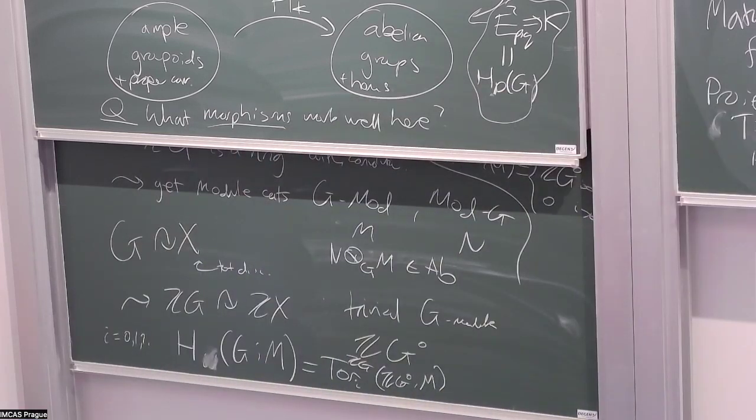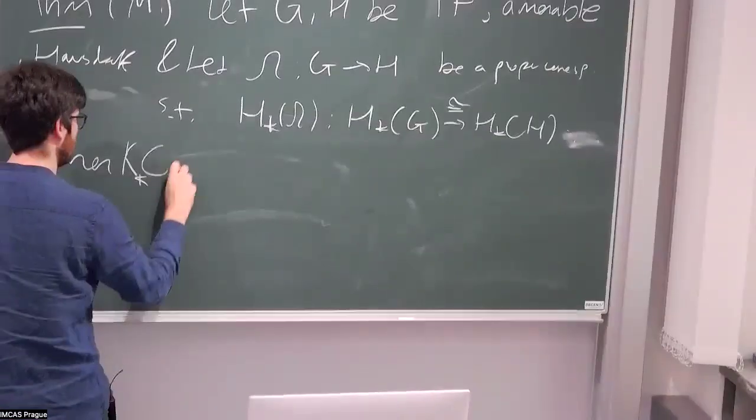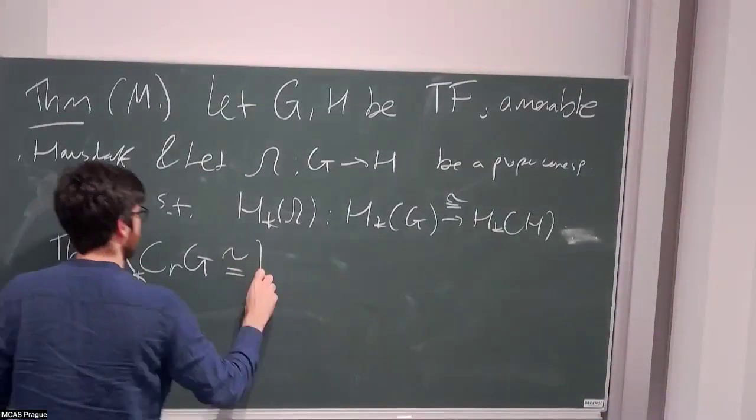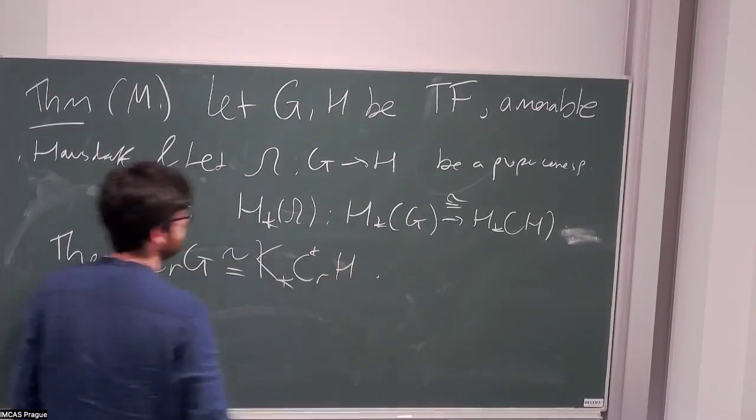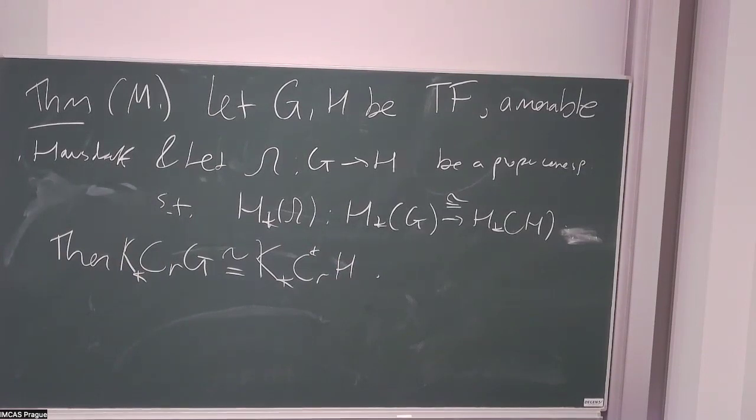Then you're going to get an isomorphism in K theory. And the point really is that these assumptions here are much weaker than this thing that's going up on here.